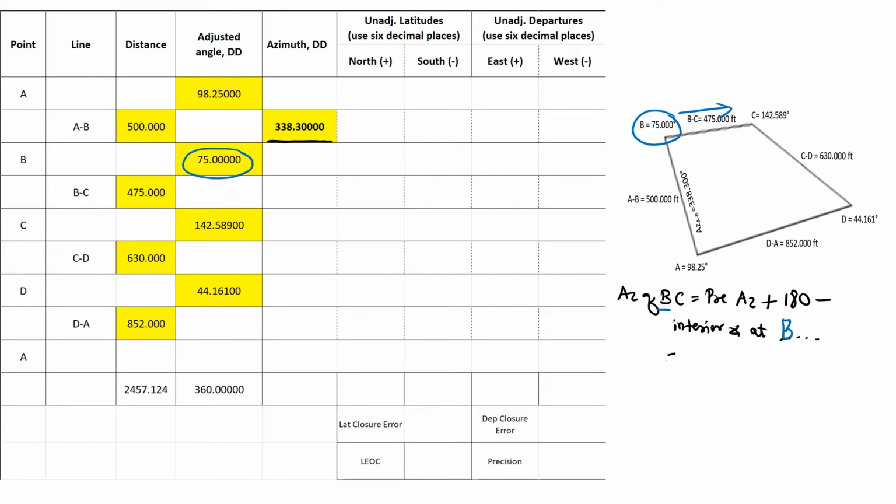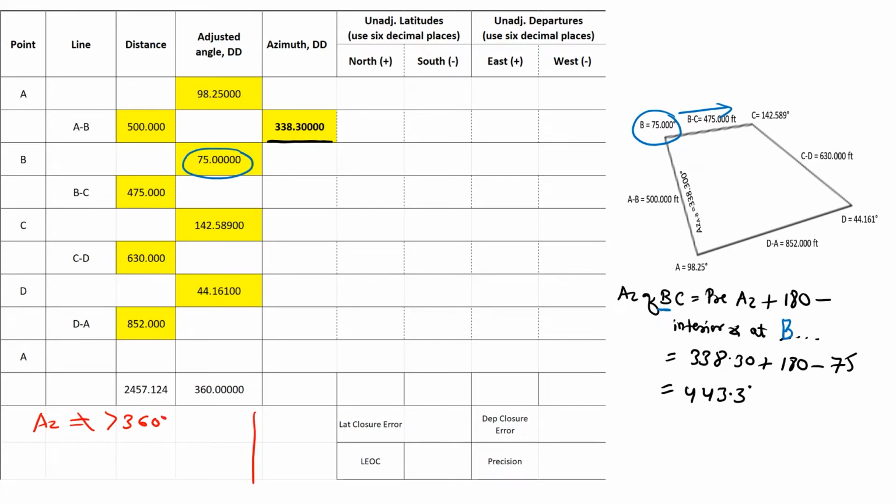So my previous azimuth is 338.30 plus 180 degrees minus 75, and if you do this, you get 443.3. Some students are just writing this value, but I said that azimuth can't be greater than 360 degrees, right?